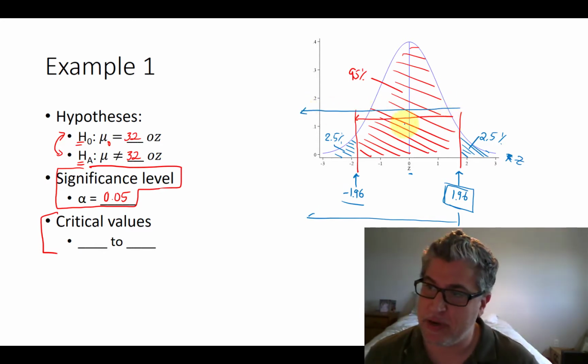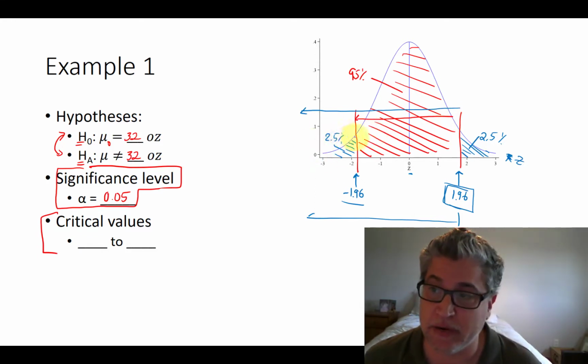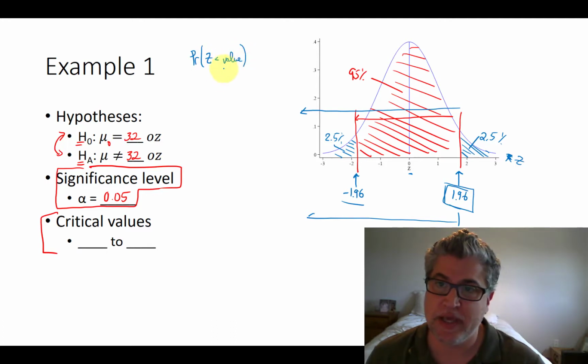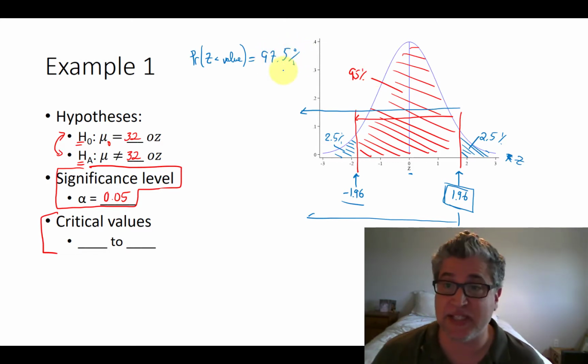It's going to account for the 95, the part in red, plus this 2.5% here. So what particular value is such that the left tail is equal to 95 plus the 2.5, or 97.5%? And that's what we need Excel to show us.